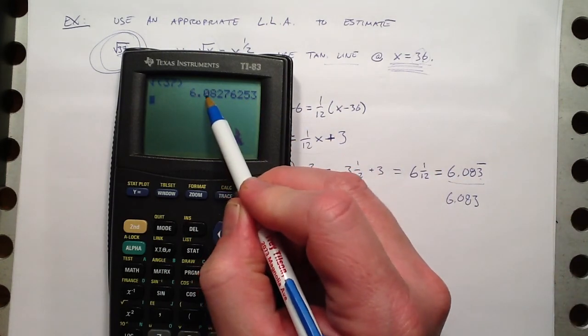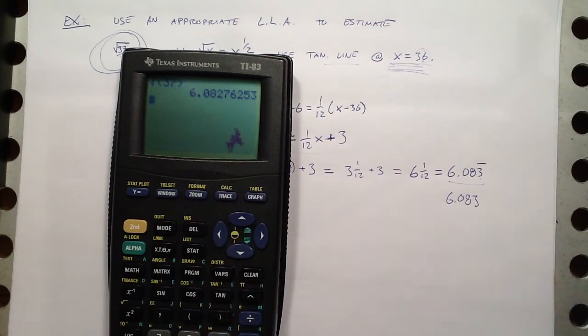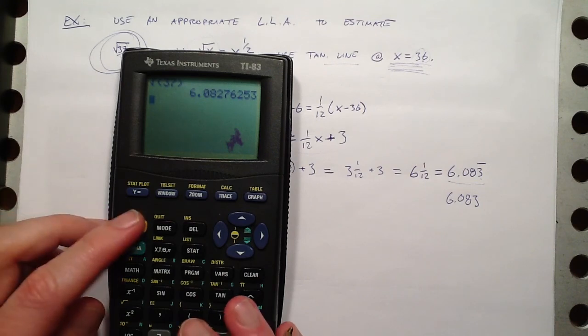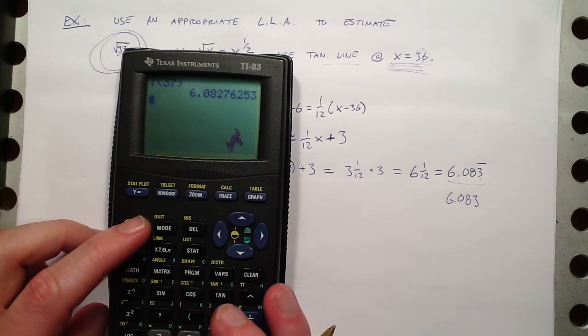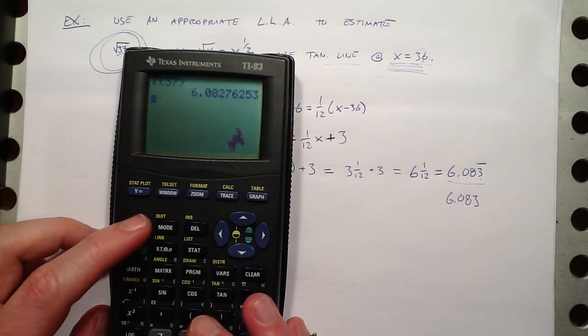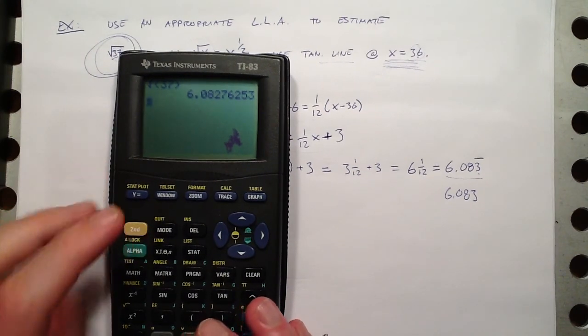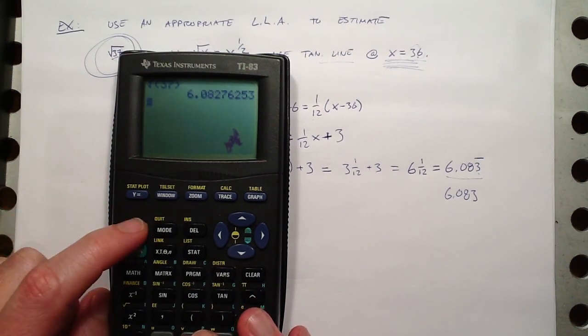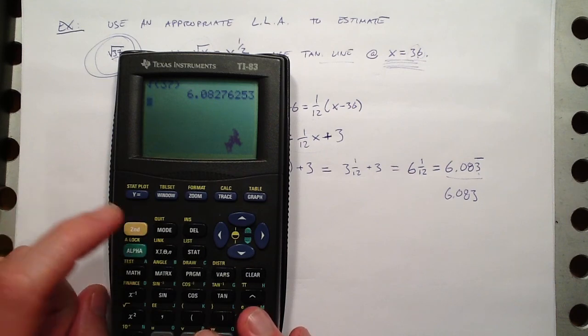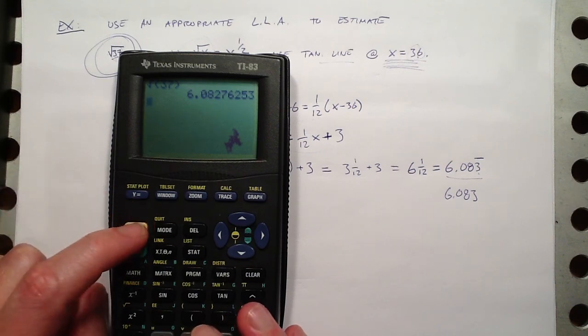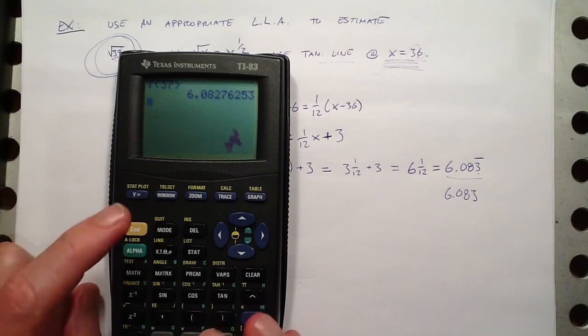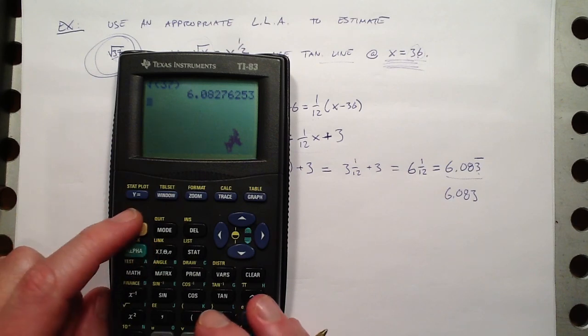That would round to 6.083. Same thing. So good to 3 decimal places. How about that? So that's one of the things we can actually do with tangent lines, use them to approximate functions. Because it's always easier to plug a point into a line than it is into some crazy function, even the square root function.